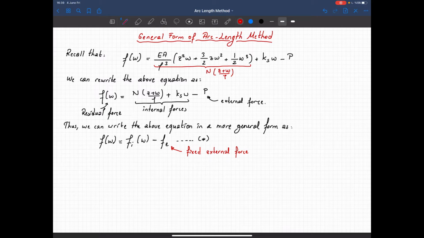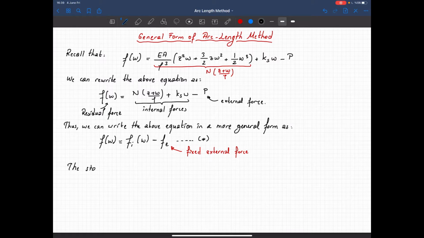So in the snap-through behavior or the snap-back behavior, with this equation we cannot catch the softening, the unstable part of the load deformation curve. So because of this reason we do this.